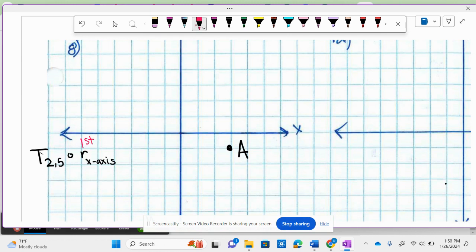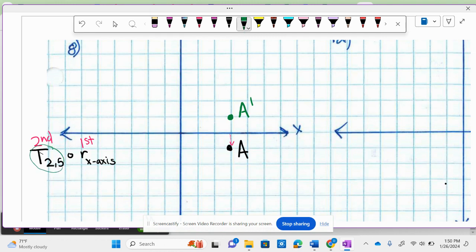The last one comes first. So what am I doing first? What does that baby R mean? It means I'm going to reflect over the x-axis. So if A is 1 unit below the x-axis, A prime is going to be 1 unit above it. Okay? Then I have to do this movement right here.